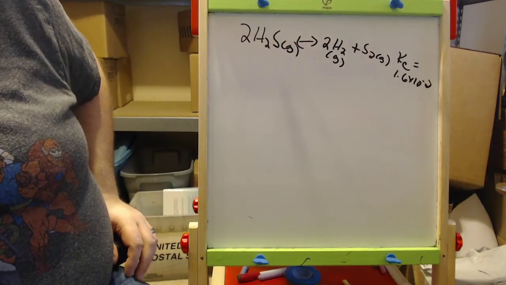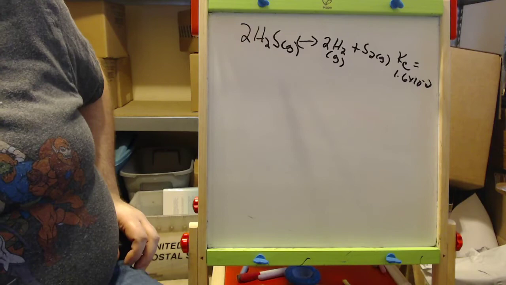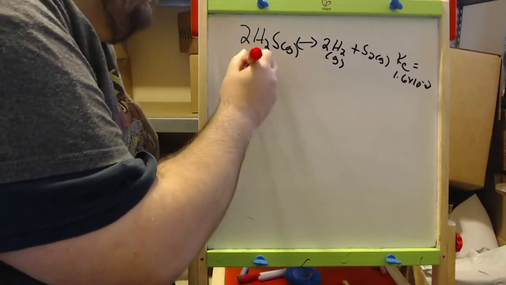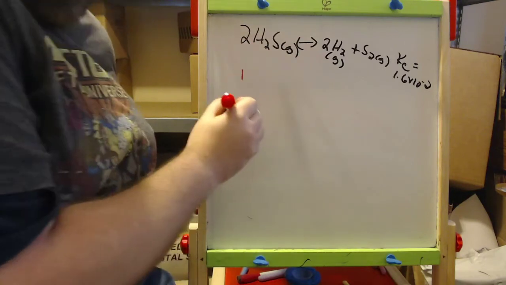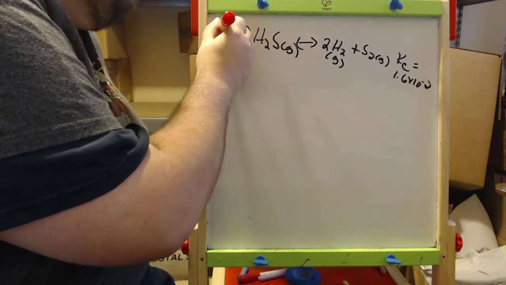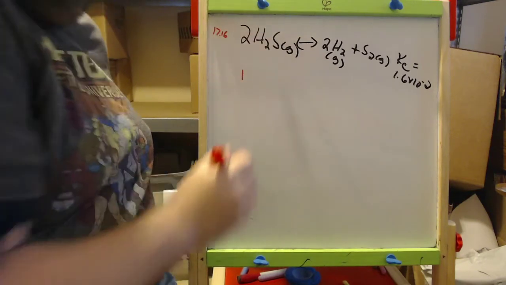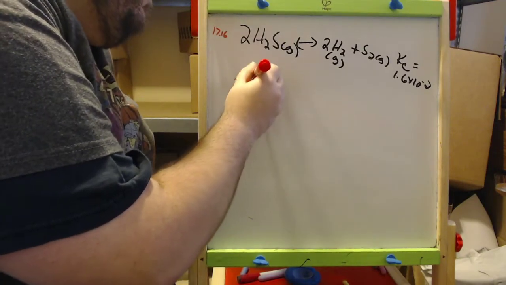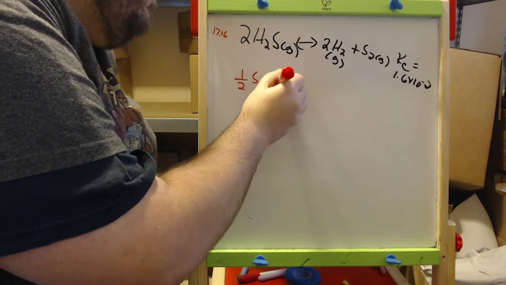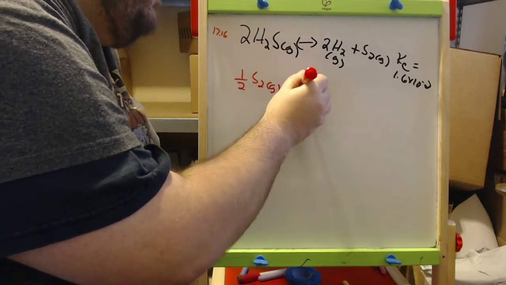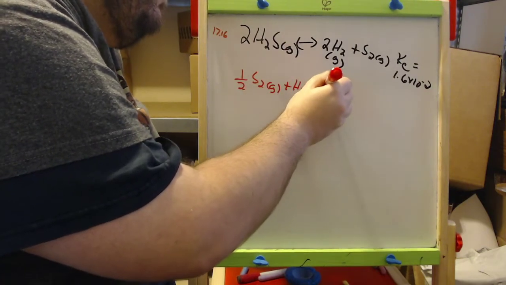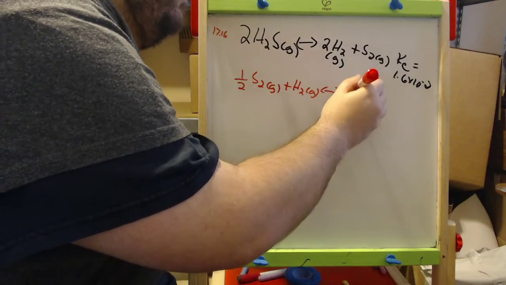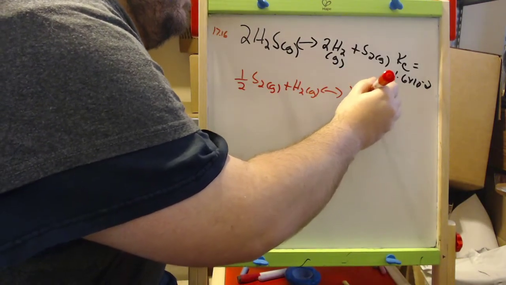They want to know what would the Kc be if we did 1/2 S2. Oh, this is 17.16, by the way. What was it? 1/2 S2 gas plus H2 gas is at equilibrium with H2S gas.